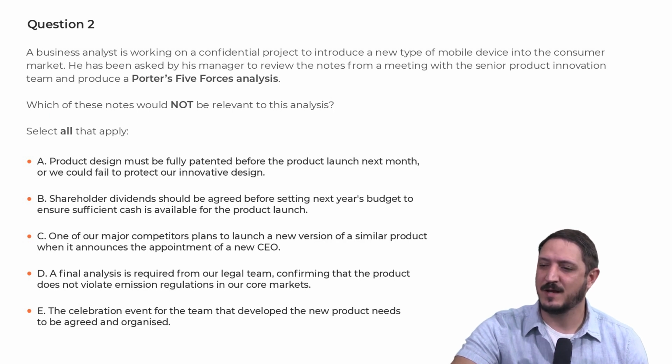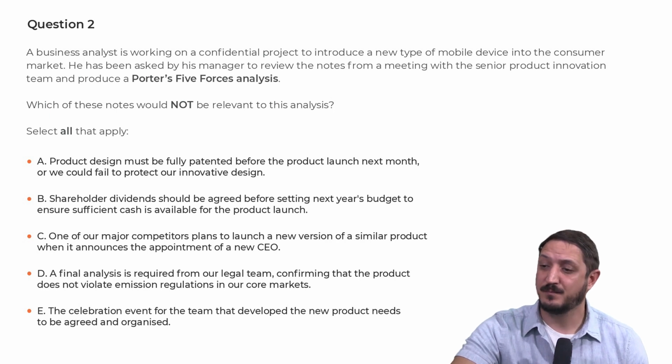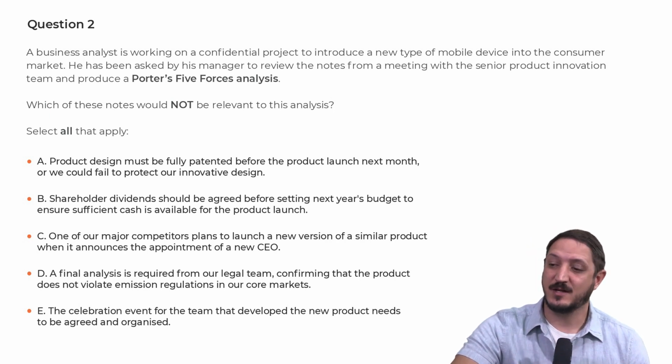But this is far more likely to have come from the legal aspect of PESTLE, because it's not directly relating to any of Porter's 5 forces. It's more about legal aspects that are potentially internal to the organization, not external, as in what Porter's 5 forces analyzes.